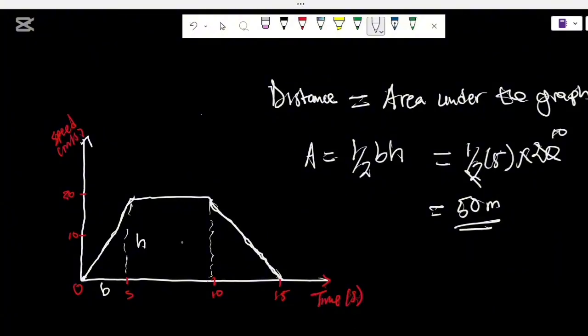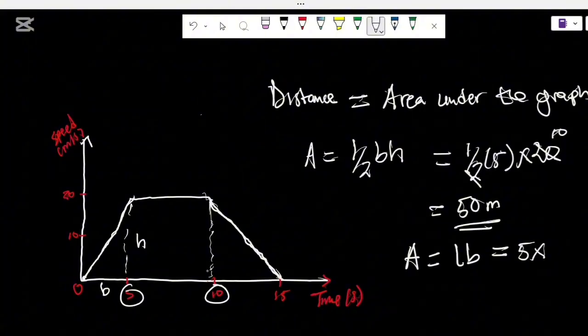Now you might also be asked to find the area of this figure. If they say we're trying to find the distance covered by an object for 5 seconds, from second 5 to second 10, you just have to look at the shape again. This is a rectangle, so the formula for the area of the rectangle is LB. Here, 5 to 10 is 5, times the height, which is 20.